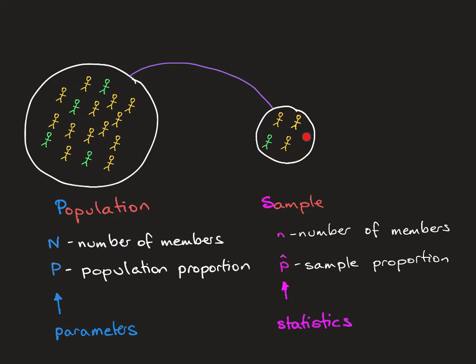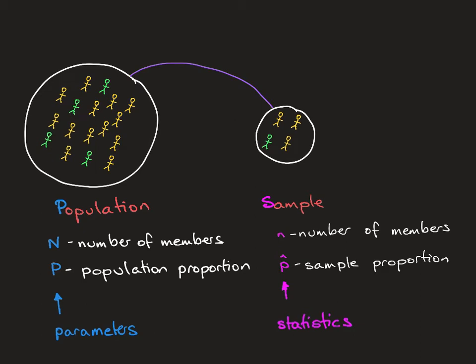And this sample also has a particular number of members in it, and it has a proportion all its own, called the sample proportion, of how many people in this sample have the characteristic that we're looking at. So we have 2 sets of information. One, measurements from our population, and the other are measurements from our sample.